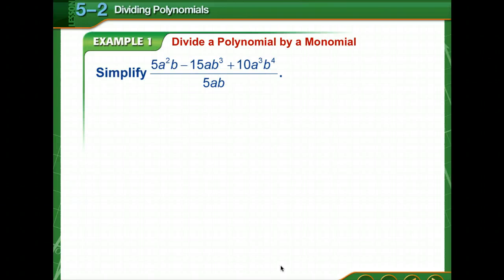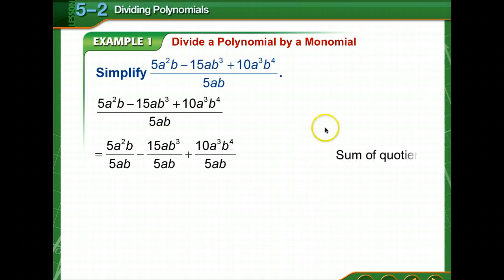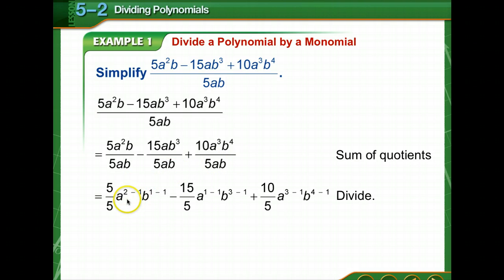Now in Lesson 5.1 you learned how to divide monomials, so you can divide a polynomial by a monomial using the same skills. We simply will write this expression, each individual term over 5ab, and then as we move our a and b up, we'll change the sign.